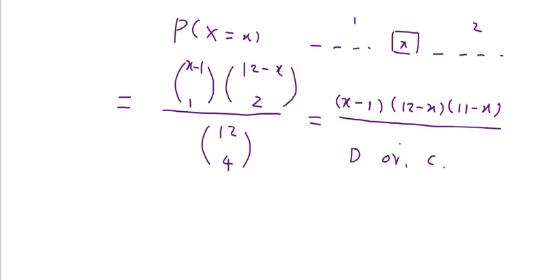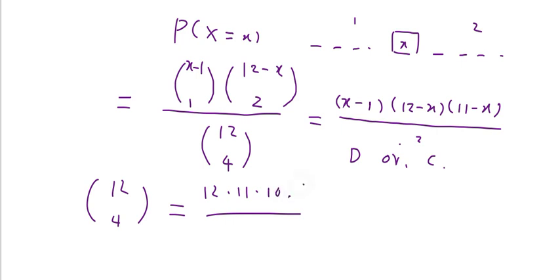What is 12 choose 4? That's 12, 11, 10, 9 over 1, 2, 3, 4. Here we also have 2, so divide by 2 and that's the number. This is just some calculation.